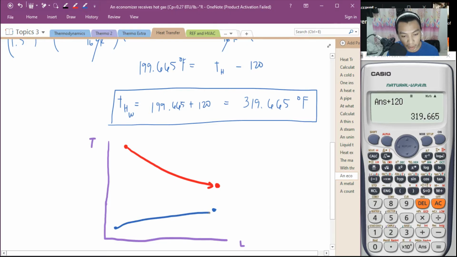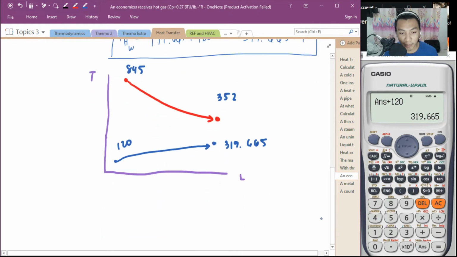You draw it so you can understand it better. So, this is parallel flow. Here 845, here 352, here the hot water at 319.665, and here 120.